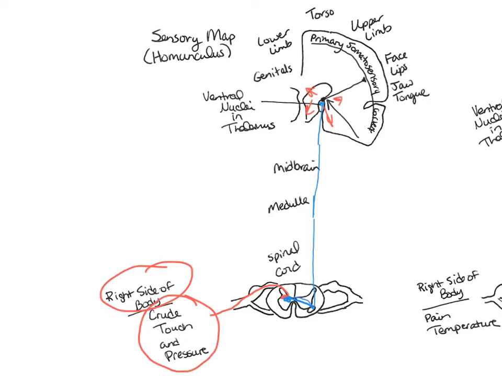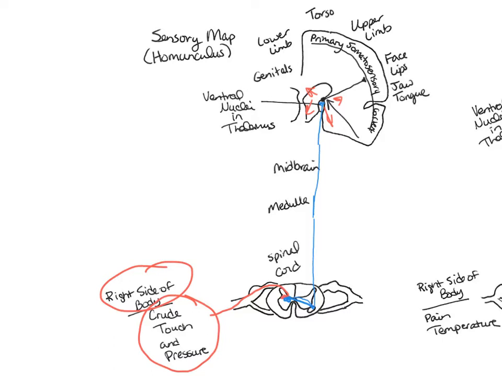All right, do you guys have any questions on this? You're going to have to identify this in the lab. You have to know what the pathway is carrying. You need to know that the anterior spinothalamic is carrying crude touch and pressure. Of course, you have to know that the second order neuron synapses with a third order neuron in the thalamus.